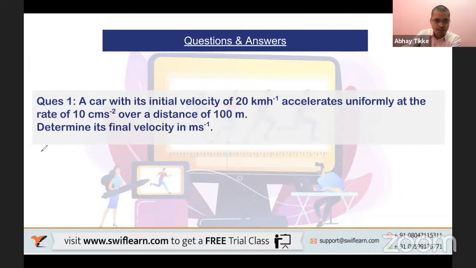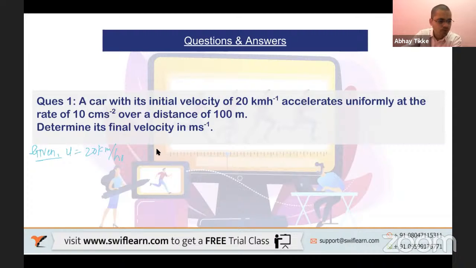ठीक है. सबसे पहले given quantities लिखो. Given quantities: initial velocity u is equal to 20 km per hour. तो इसको convert करना है meter per second में, right? So how do you convert 20 km per hour? Anybody on the chat?